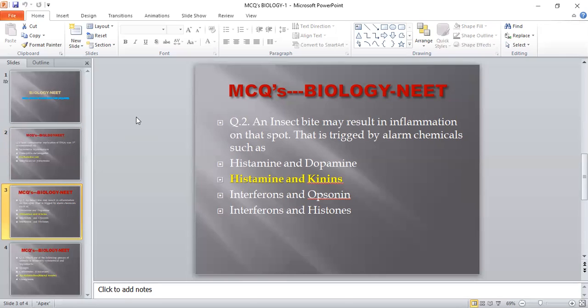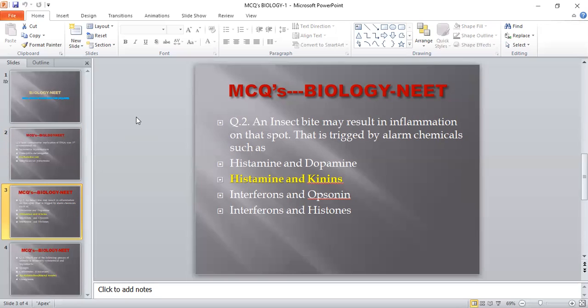Now, how do histamine and kinins cause the inflammation? When they leave the mast cell, histamine boosts the blood flow in the area of your body the allergen affected. This causes inflammation, which lets other chemicals from your immune system step in to do the repair work. Histamines then dock at special places called receptors in your body. The correct answer for this question is histamine and kinins.